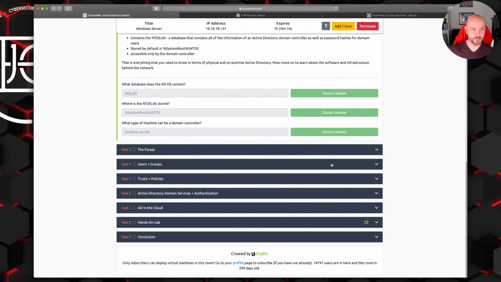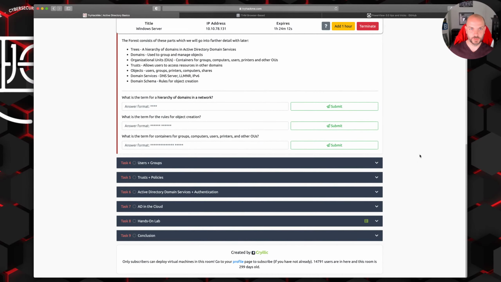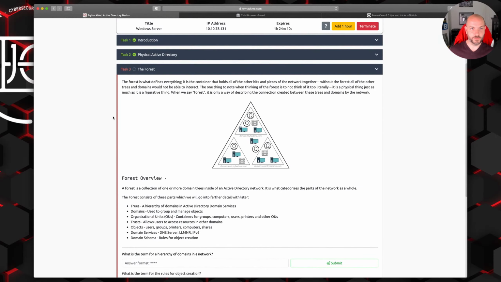So we're going to talk a little bit about forests. So the forest is what defines everything, kind of a container for all of the different things within Active Directory. Without the forest, all the other trees and domains would not be able to interact. And this is kind of something, at least for me, that is always interesting to look at, because you see within this forest here, you kind of have a few different domains.